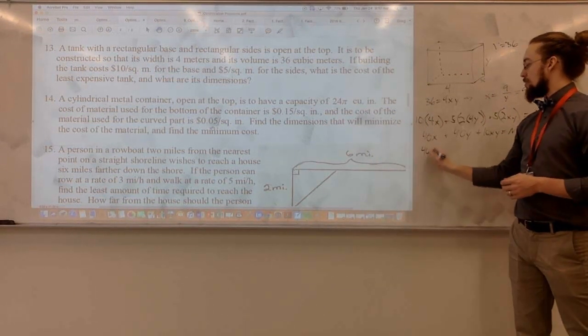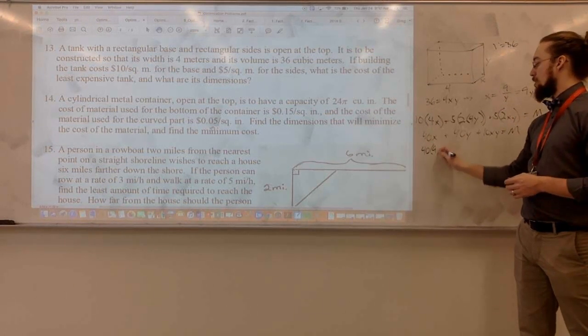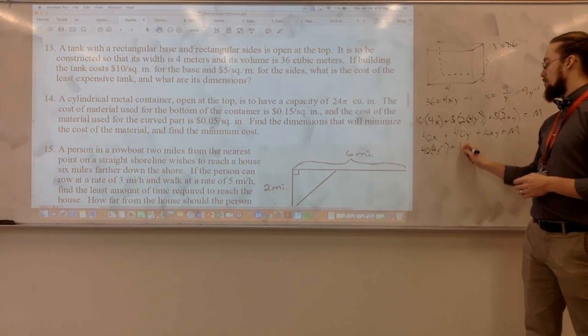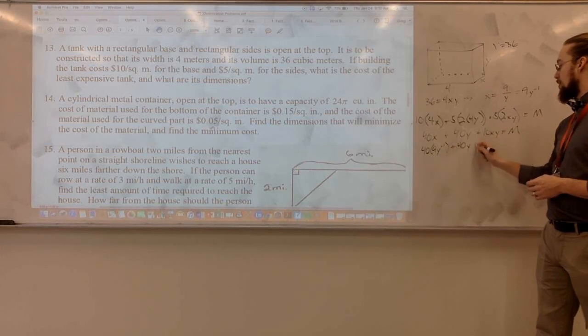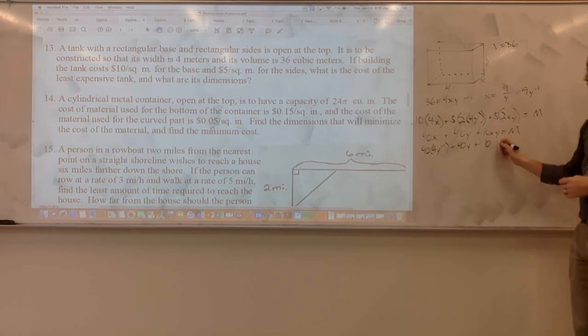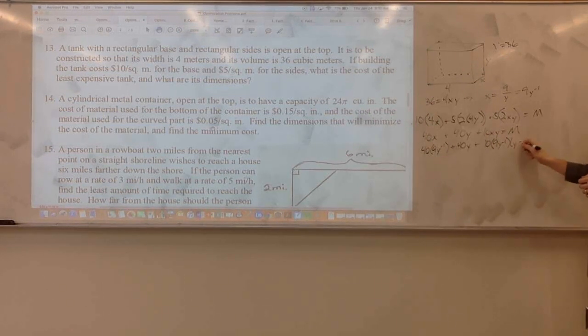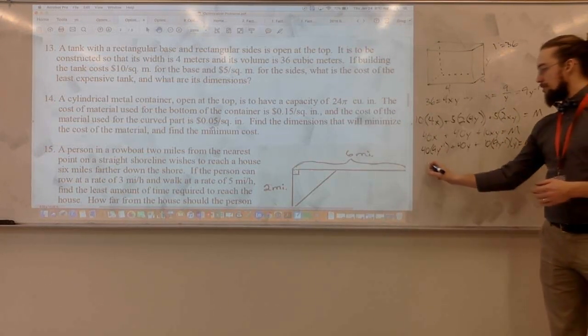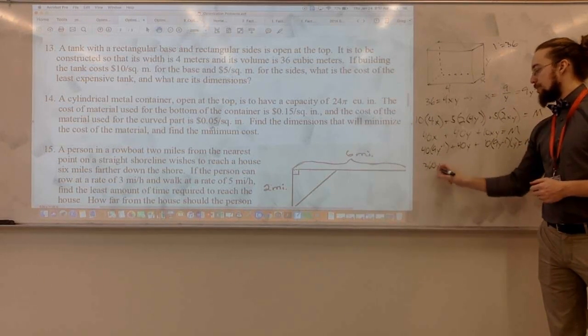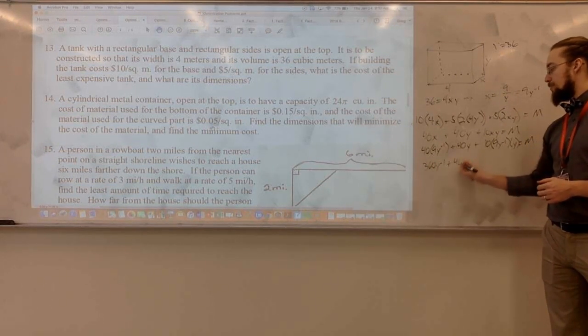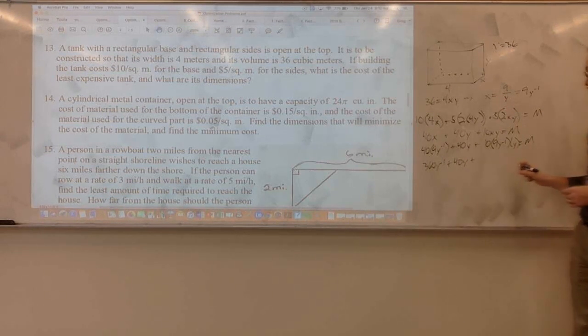So this is 40 times 9y to the negative first plus 40y plus 10 times 9y to the negative first times y. Before I take the derivative, I can simplify this sum. This is 360y to the negative first plus 40y plus 90.